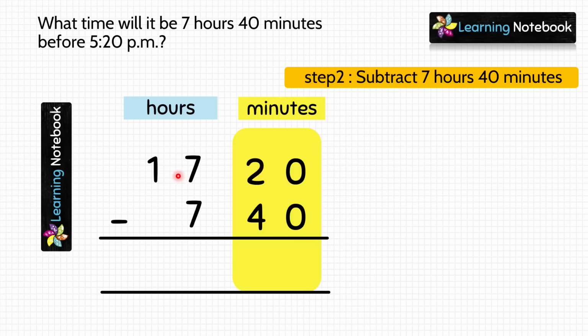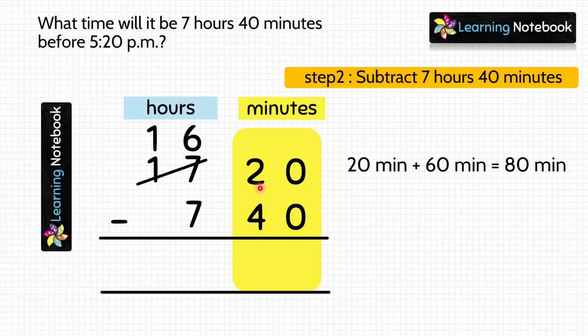So we will borrow 1 hour, or we can say 60 minutes, from the hour column. So 17 hours become 16 hours and this 20 minutes becomes 80 minutes because 20 plus 60 equals 80.